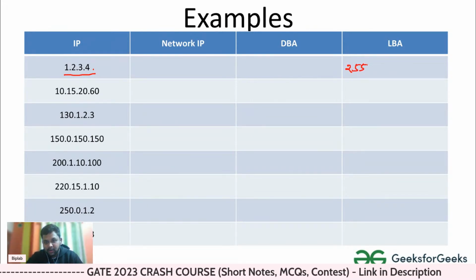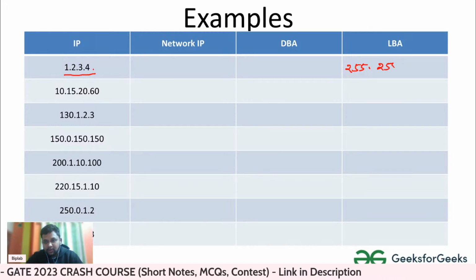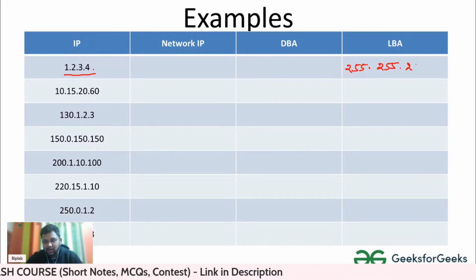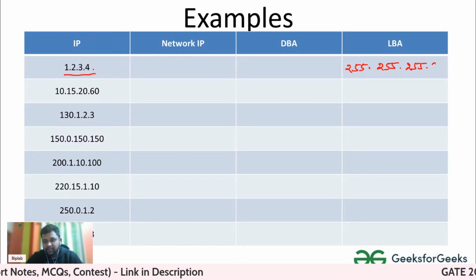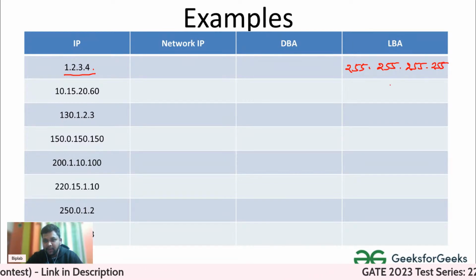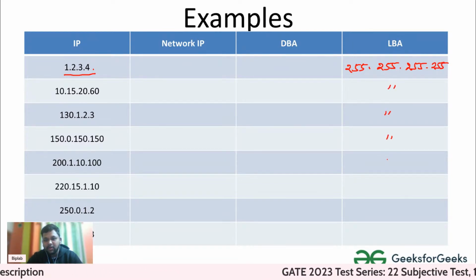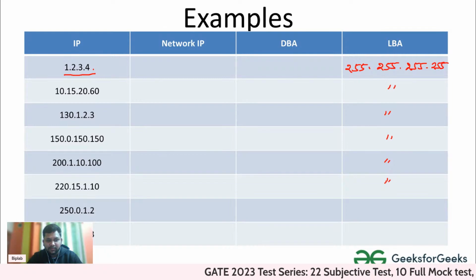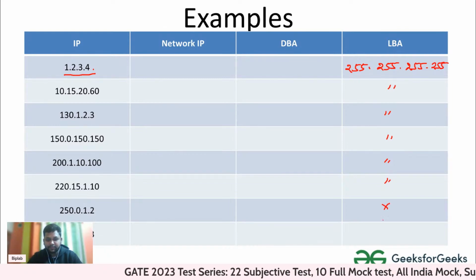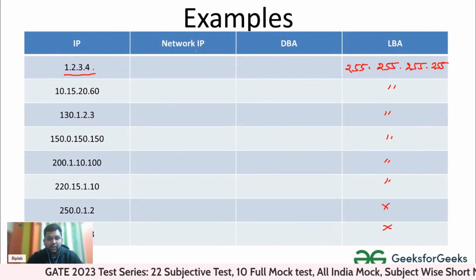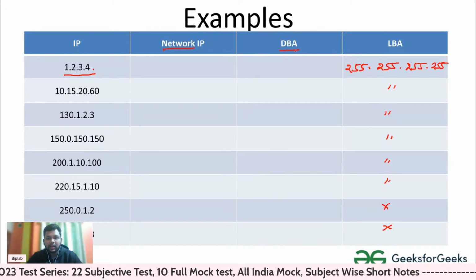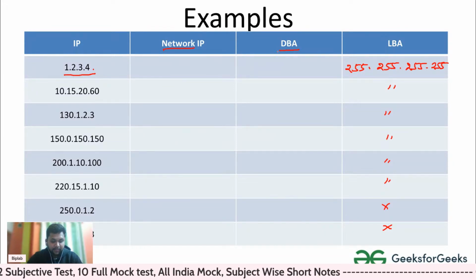So let's write it here. It will be your limited broadcast ID 255.255.255.255, and it will be the same for all. So we will not talk about this. We will talk about these two, network ID and directed broadcast ID.